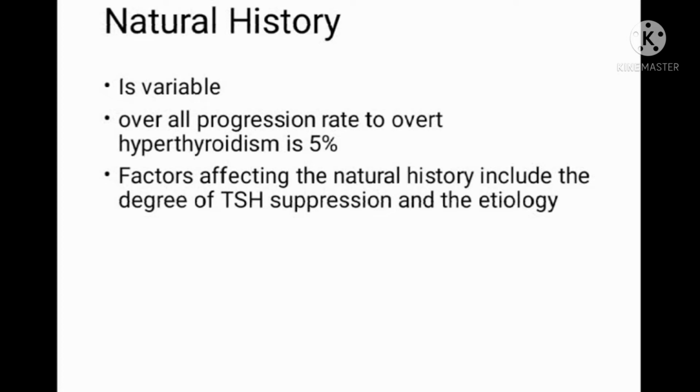When you see the etiology as a clinical factor that affects the progression rate, patients having subclinical hyperthyroidism as a result of multinodular goiter and toxic adenoma have a higher risk of progression to overt hyperthyroidism than patients having Graves' disease and other causes like thyroiditis, which have a high probability of spontaneous remission. Generally, around 50% of subclinical hyperthyroidism will spontaneously regress, or the patient will become euthyroid.